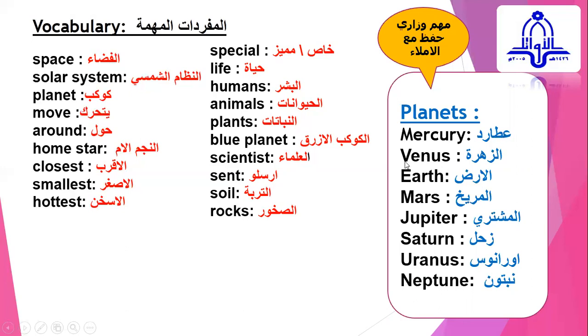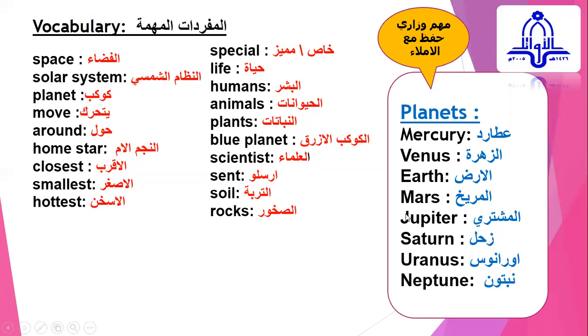Mercury هو عطارد, Venus الزهرة, Earth الأرض, Mars المريخ, Jupiter المشتري, Saturn زحل, Uranus أورانوس, Neptune هو نبتون.